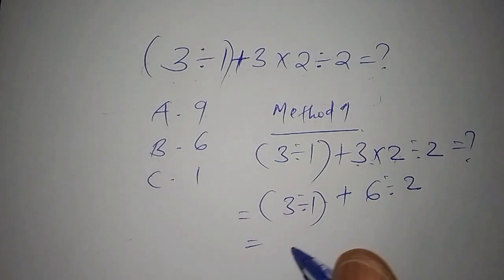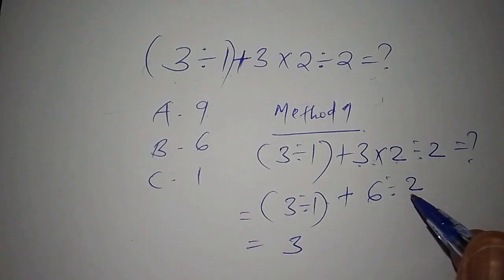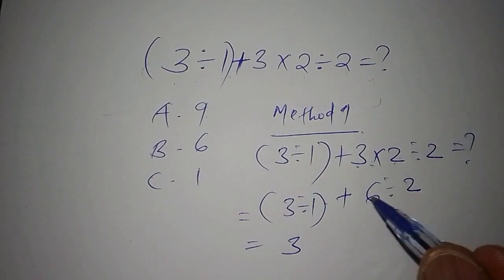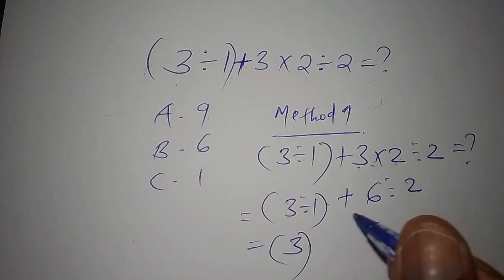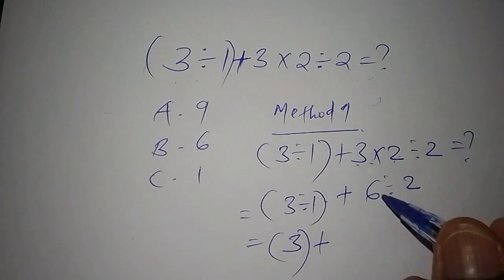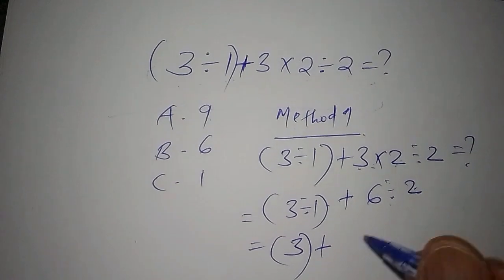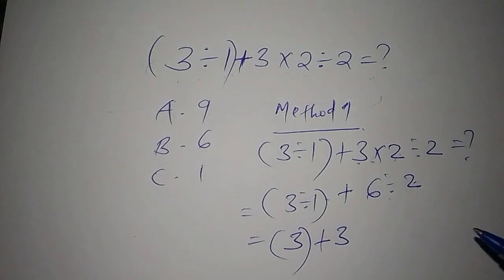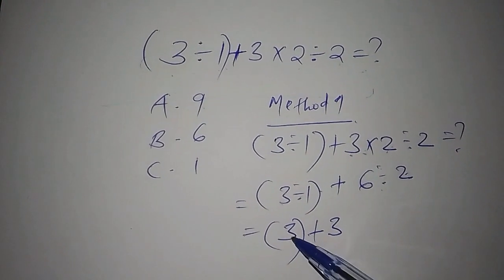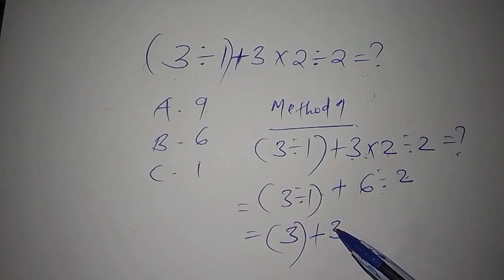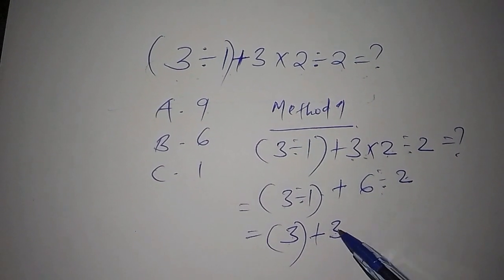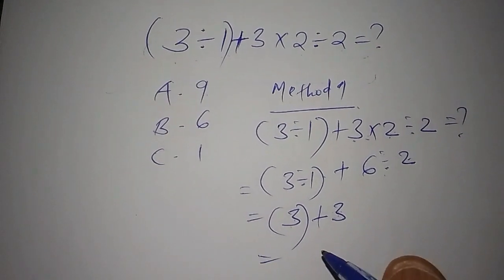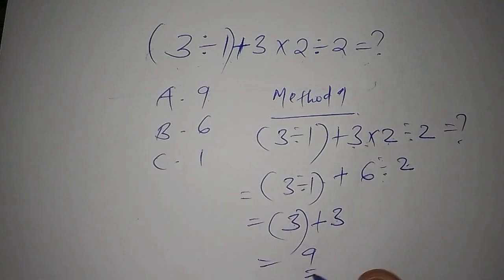So 3 divided by 1 is 3. Then from there 3, then into bracket still. Then here we add 2, 6 divided by 2, and that is 3. Now the bracket was opened by simply taking 3 multiplied by 3, and there the answer was 9. That's the first method.